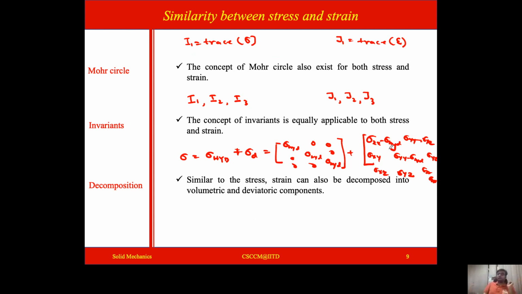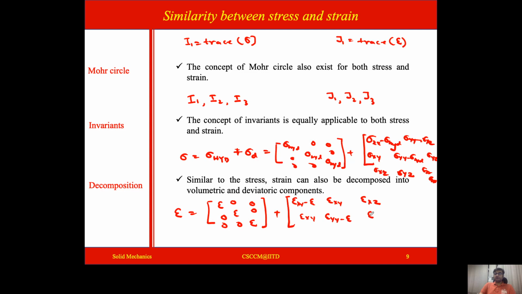The same thing you can do for strain. It will become epsilon, epsilon, epsilon on the diagonal and 0 elsewhere, plus epsilon xx minus epsilon, epsilon xy, epsilon xz, epsilon xy, epsilon yy minus epsilon, epsilon yz, epsilon xz, epsilon yz, epsilon zz minus epsilon.